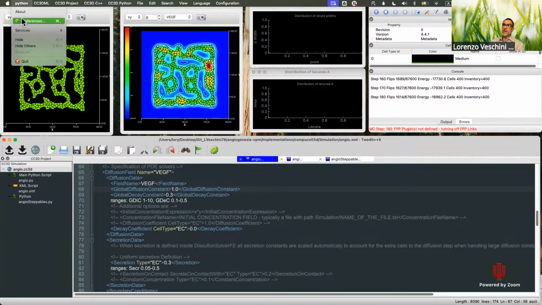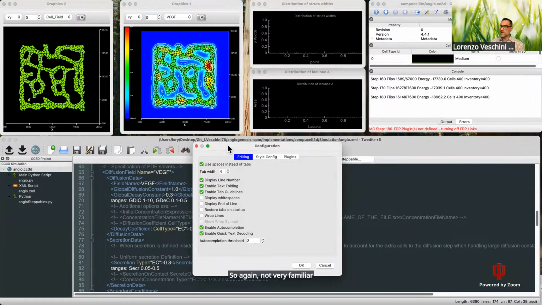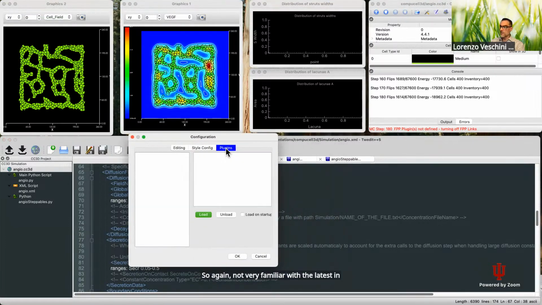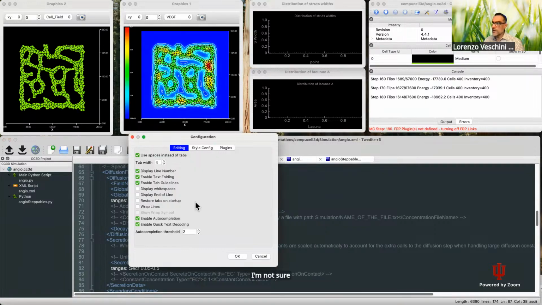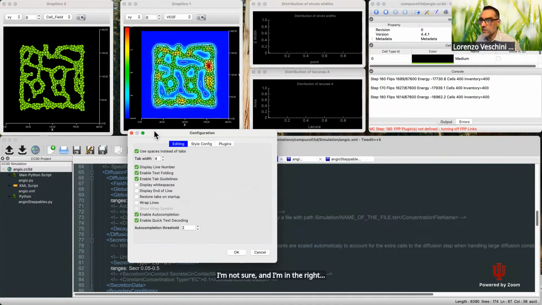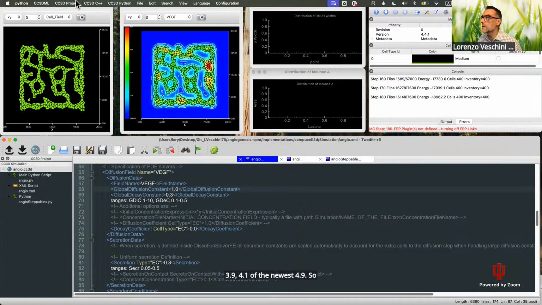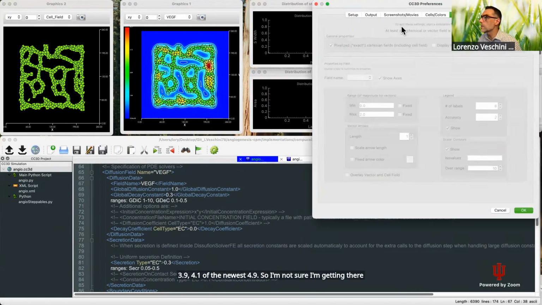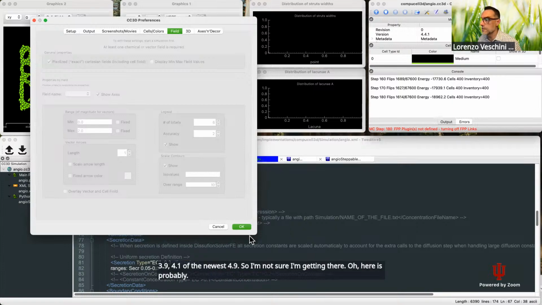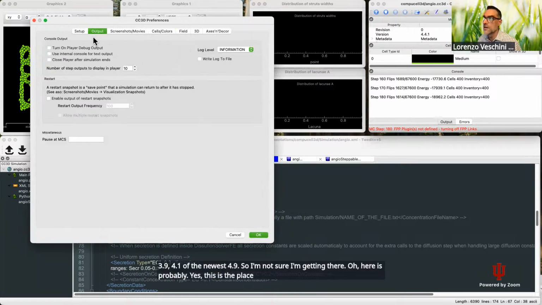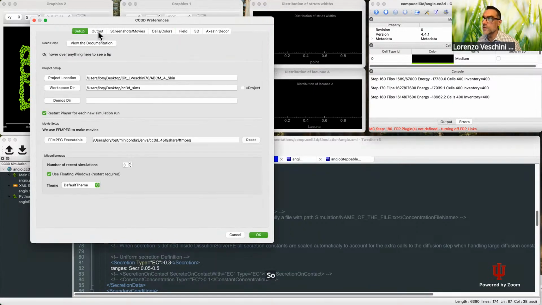Sorry, I'm not very familiar with the latest settings. This is the newest version of CompuCell, 4.9. So I'm not sure I'm getting there. Oh, here is probably, yes, this is the place I was looking for. So output.